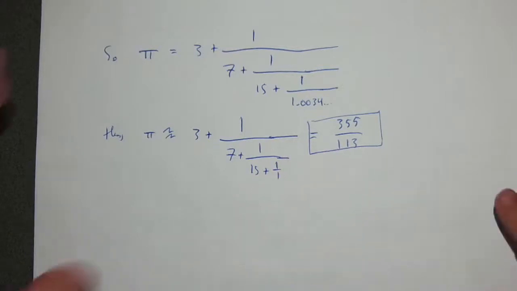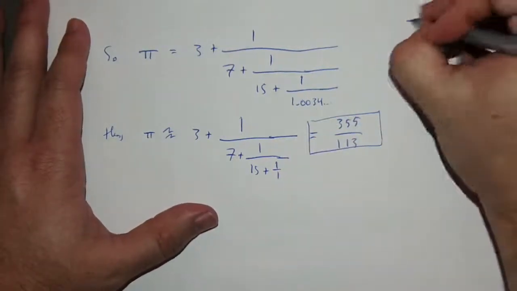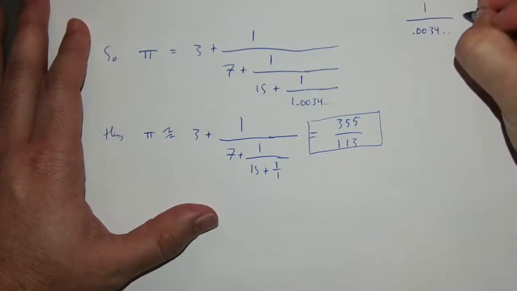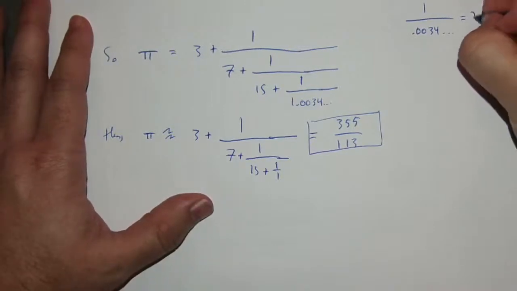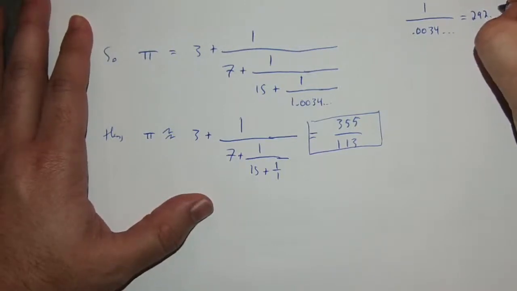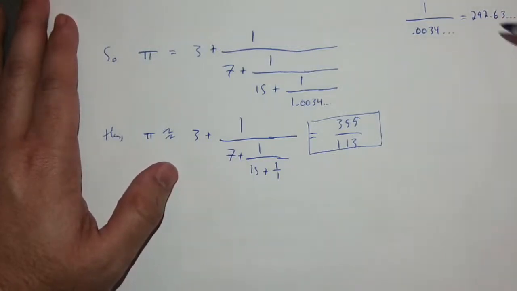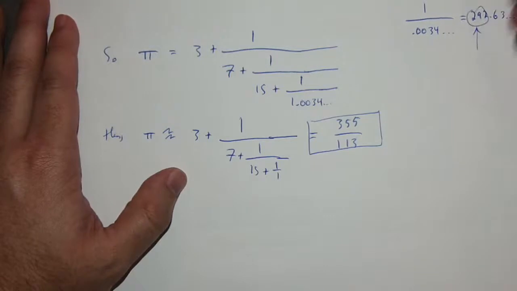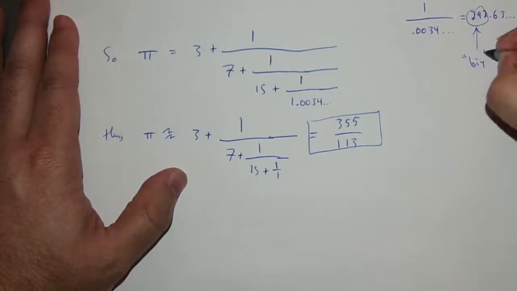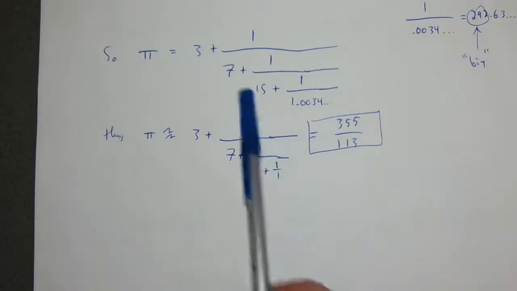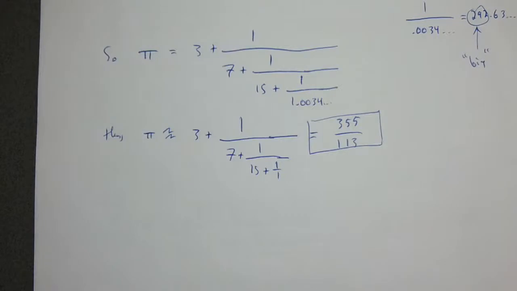Now we could continue, and if we continued, we would get 1 over 0.0034 and so on. This is like 292.63 and so on. So the fact that this is big compared to the previous integer parts that have shown up is a good indicator that we could stop before and get a very good approximation.